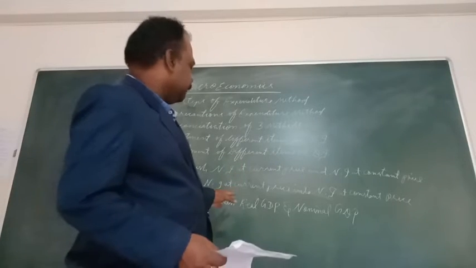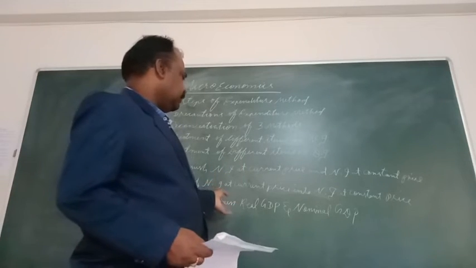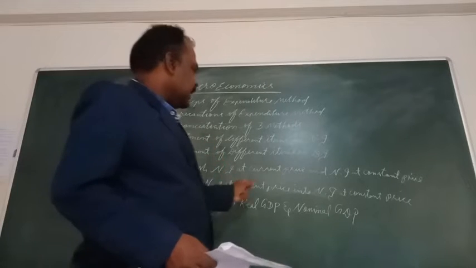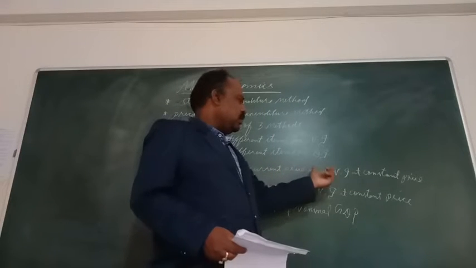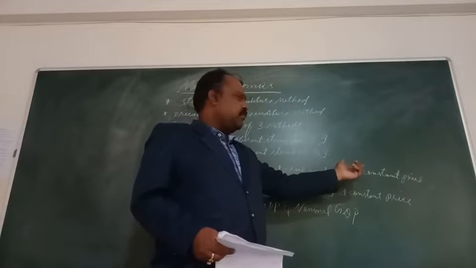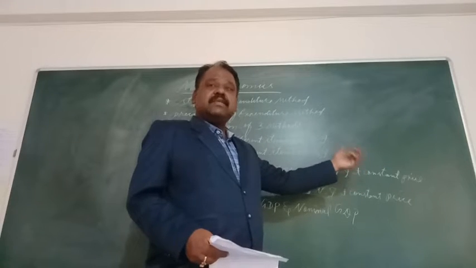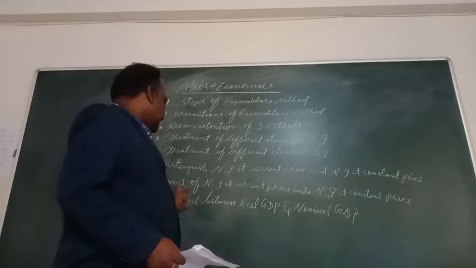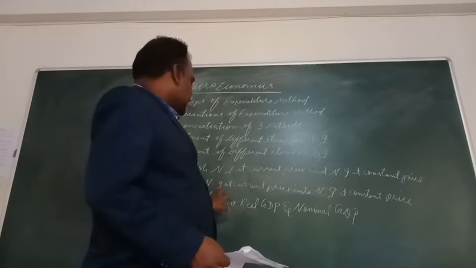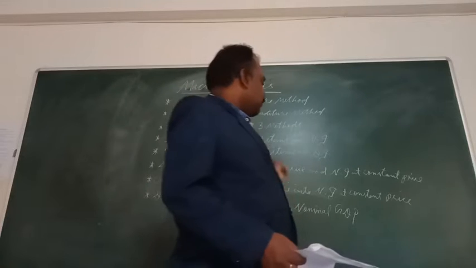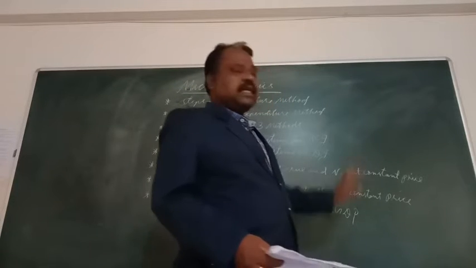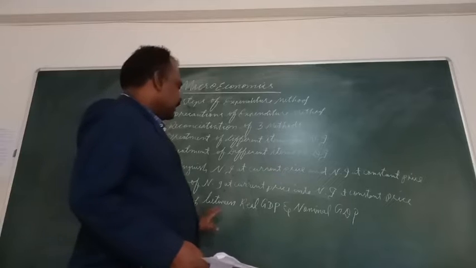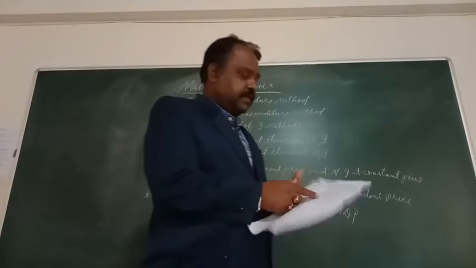Here we will compare how national income is measured at the current price and at the constant price, or previous year's price level. Next, I will teach you how national income at current price is converted to national income at the constant price. And next, distinguish between real GDP and nominal GDP.